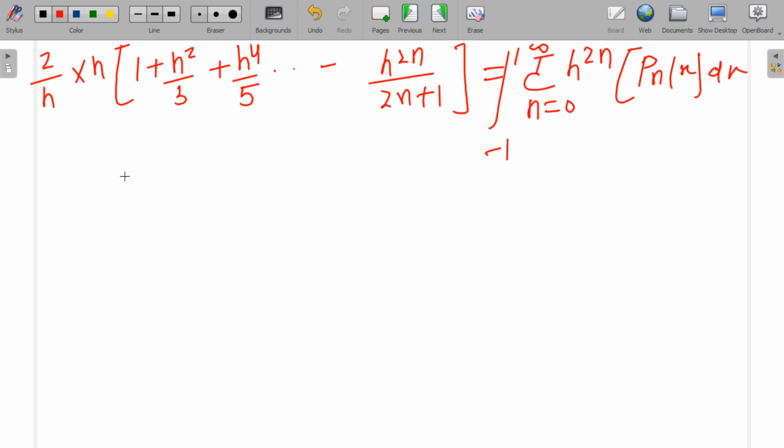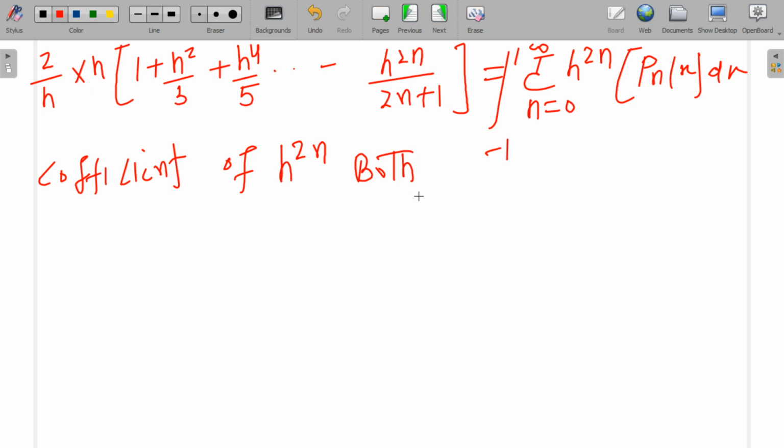Okay, now coefficient of h to the power 2n on both sides. Here the left hand side and the right hand side, this is equal to minus 1 to 1.